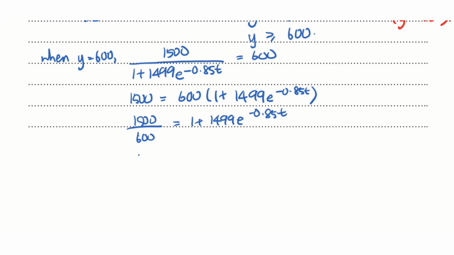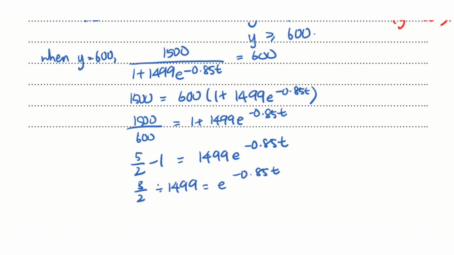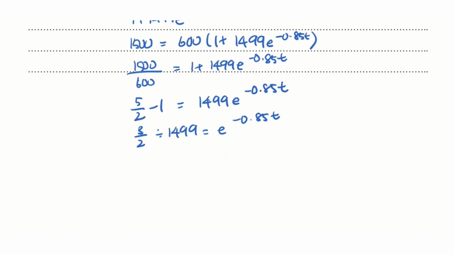This will give us 5 over 2 minus 1 equals 1499 e to the power of negative 0.85t. So this is 3 over 2. We can divide it by 1499. Then we can take ln on both sides. 3 over 2 divided by 1499 will give us 3 over 2998.